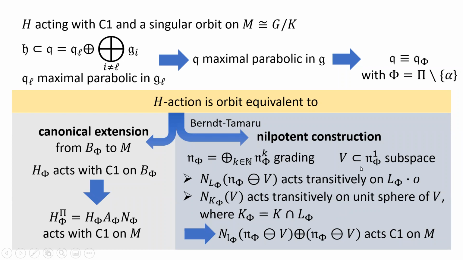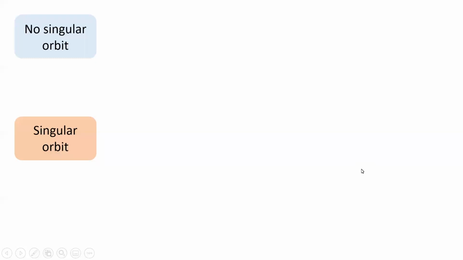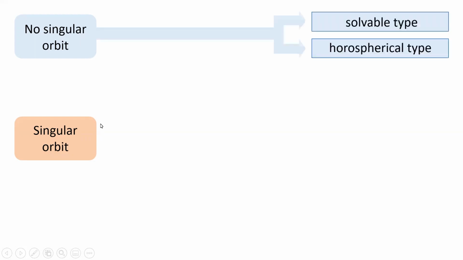Good. So here I would like to summarize the fundamental things that I have told you so far and explain the remaining arguments. And in the last slides, I will tell you very quickly how to apply this result to some particular cases. So we have these two possibilities. If you don't have a singular orbit, then we know a complete classification.